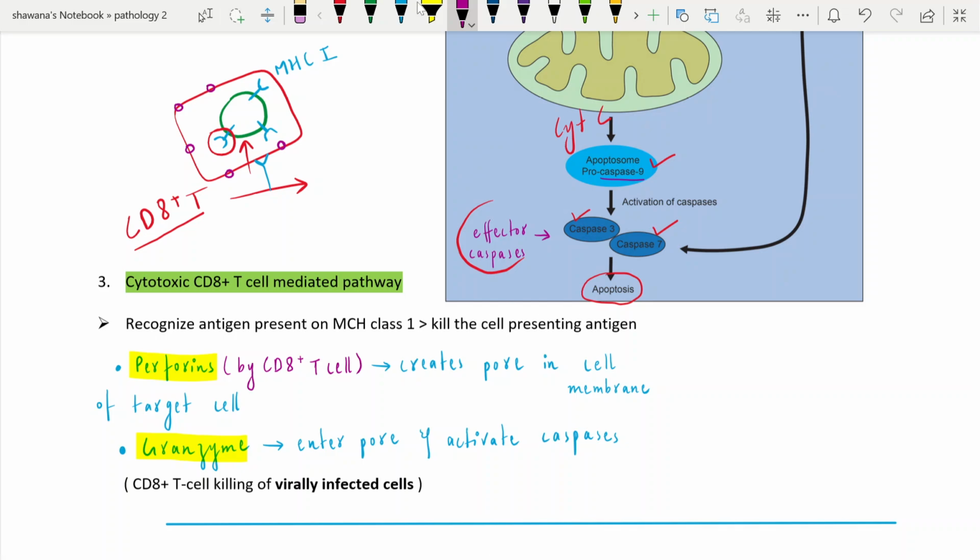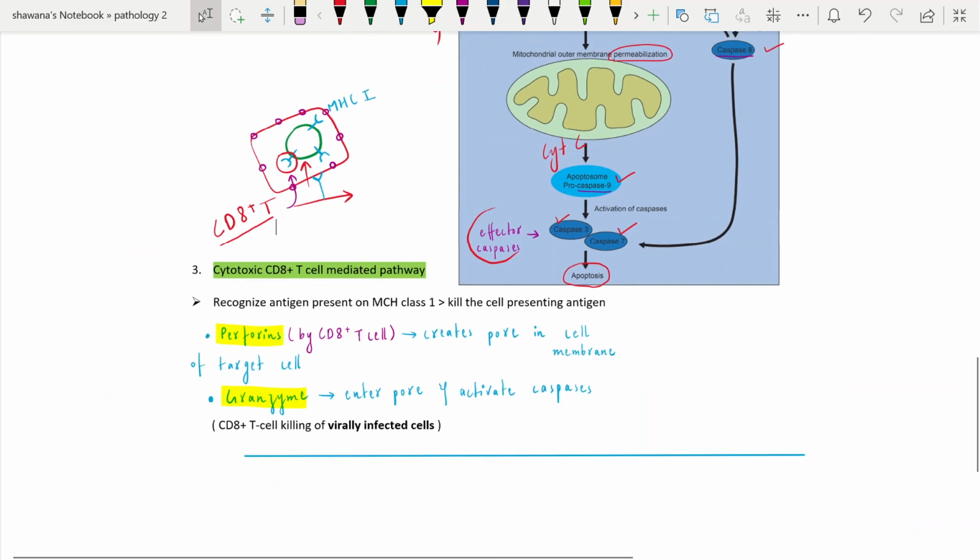So it creates holes in the cell membrane of the infected cell. Granzyme is also released by CD8 positive T cells. It enters through the pores and activates the caspases, and eventually when the caspases are activated, apoptosis is triggered automatically. I hope you understand these mechanisms.